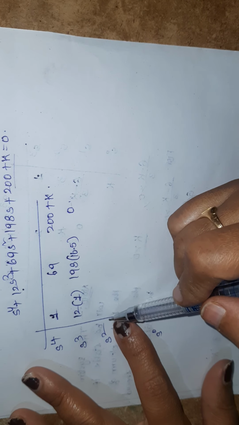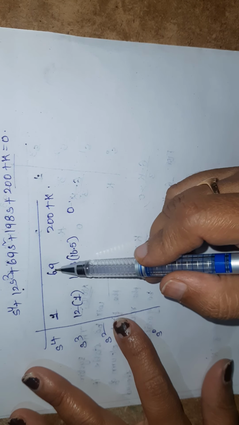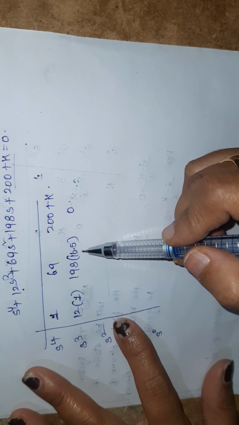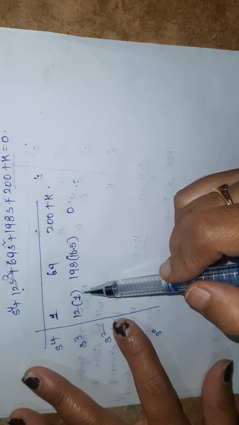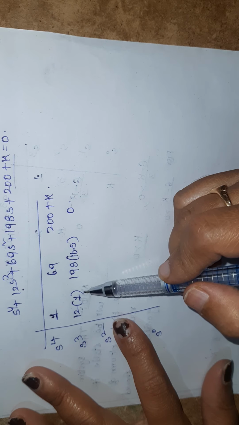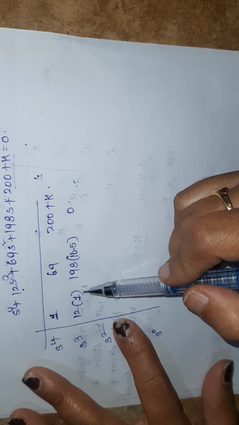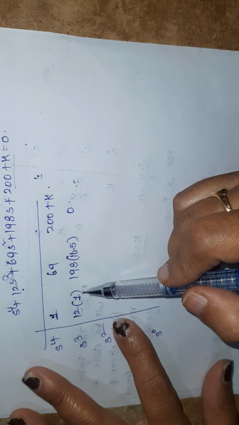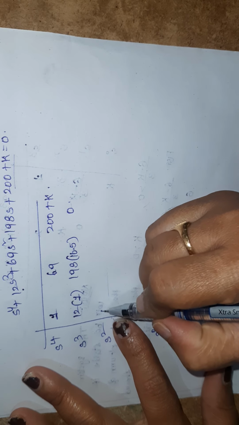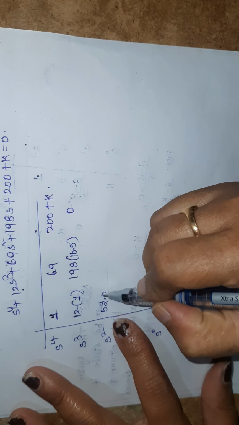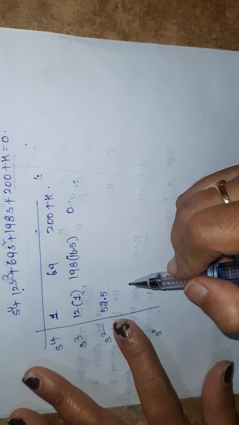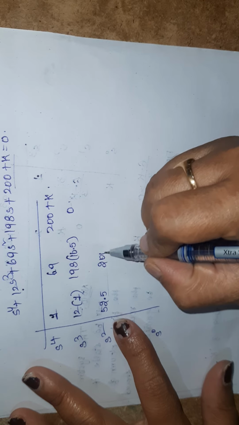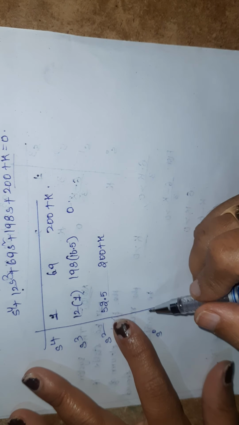Now, what are the s square terms? How to get the s square coefficients? 1 into 69 minus 1 into 16.5 divided by 1. So I'll get 52.5. Next I'll get 200 plus k.